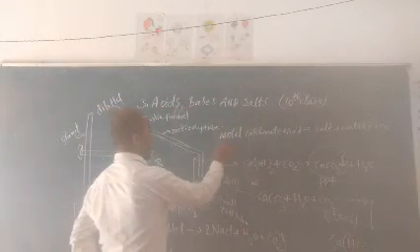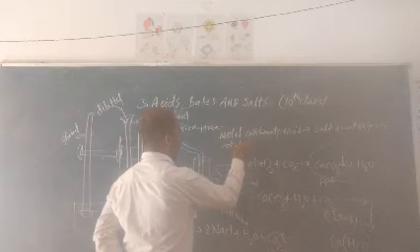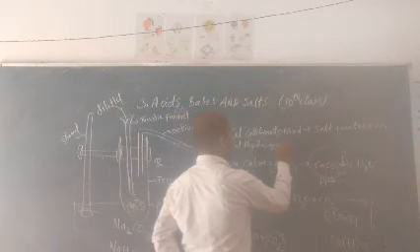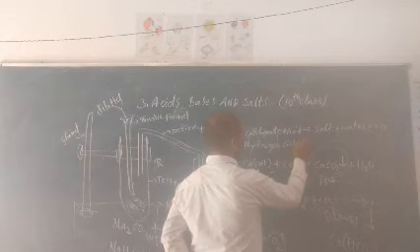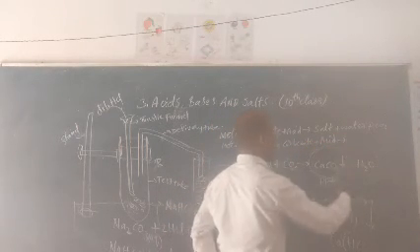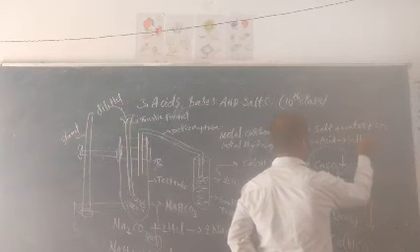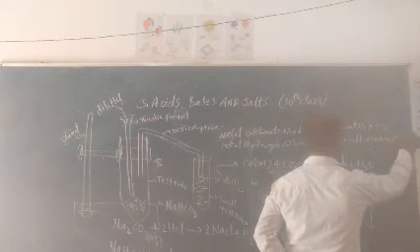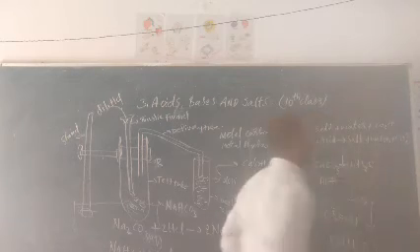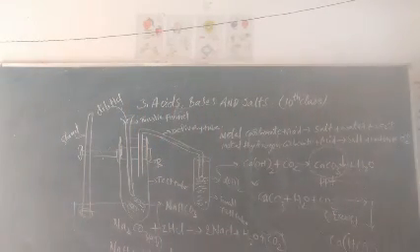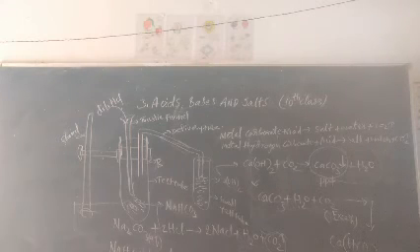Even when metal hydrogen carbonate reacts with the acid, it produces salt again, water plus carbon dioxide gas, releasing carbon dioxide gas. Okay, is it clear now? Like that, it is going to release carbon dioxide and water.